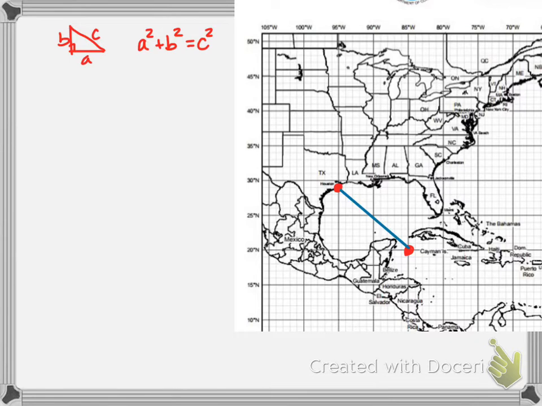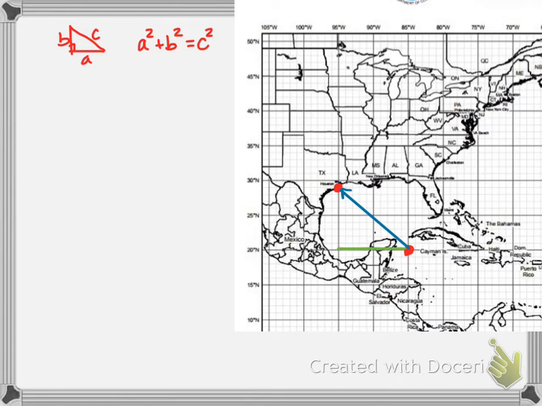We can say there are 2 parts to that line. There's the part that's going straight west, and then there's the part that's going north. So really, it's got components, right?